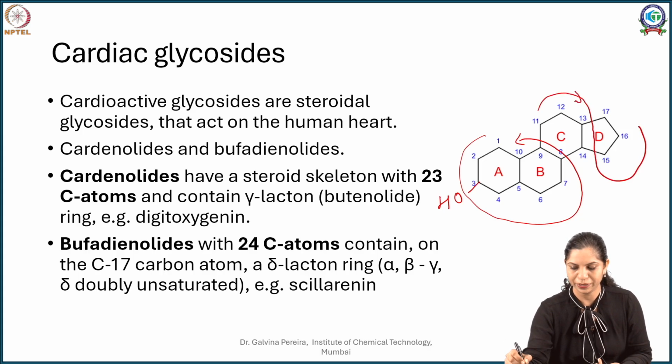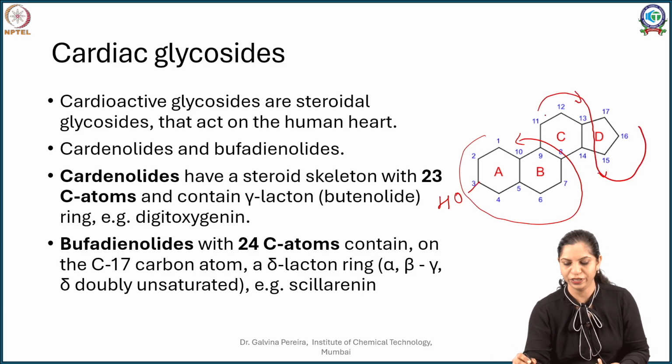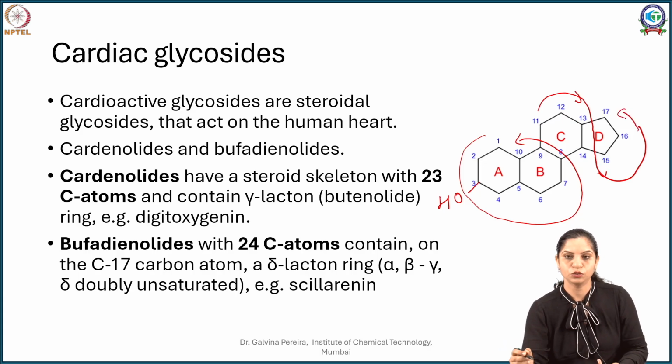After 10 comes 11, 12, 13, 14, 15, 16, 17. Between ring B and C, the shared carbons are carbon 8 and 9, and between C and D, the shared carbons are carbon number 13 and 14.